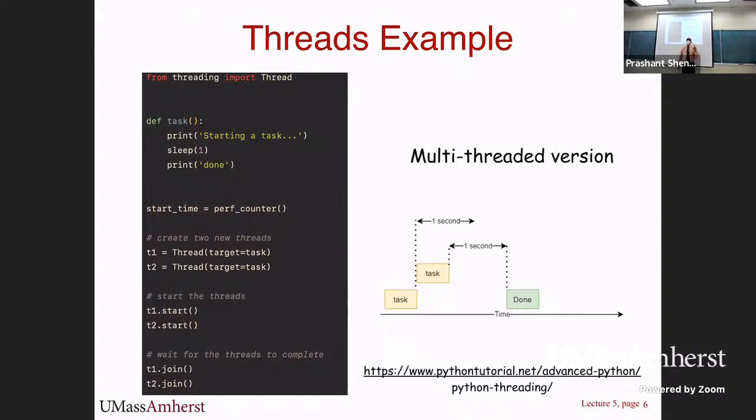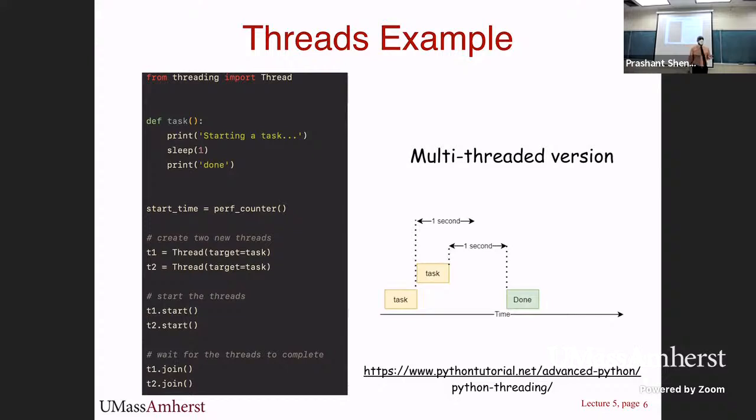Because each thread is given a time slice. When thread 1 starts, it starts executing its task. Maybe when it executes the first instruction, the time slice is done. Then the OS is going to switch to another thread. In this case, thread 2 will start running and start executing that function.